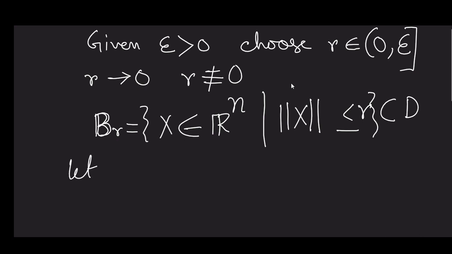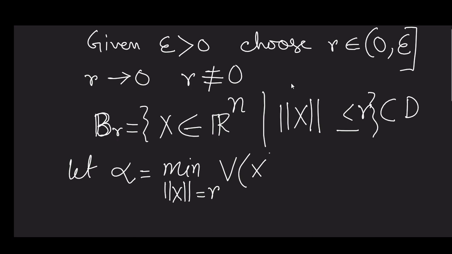Let alpha be a point where we are having, then we can write that alpha is greater than 0, which ensures that alpha greater than 0.